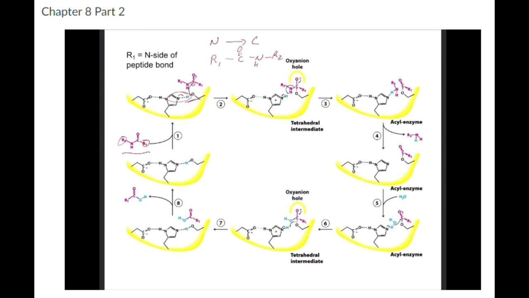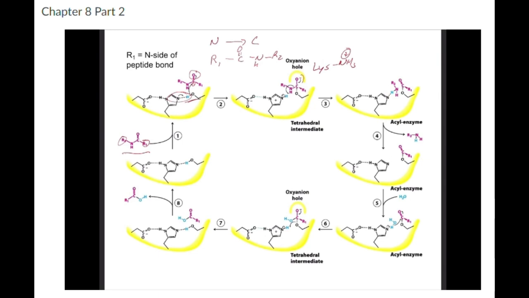These electrons in the carbon-oxygen double bond here are going to move up onto the oxygen, and we've got this negative charge there. That is stabilized by having, for example, a lysine residue with its positive charge adjacent to that oxygen to attract that negative charge that's going to form in that oxygen of the carbonyl. This is our first tetrahedral intermediate that we form.